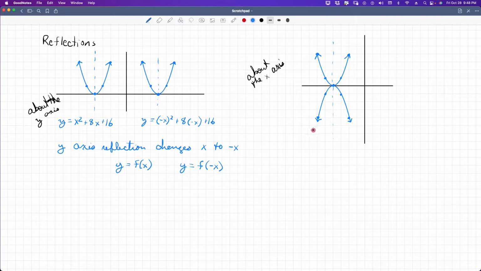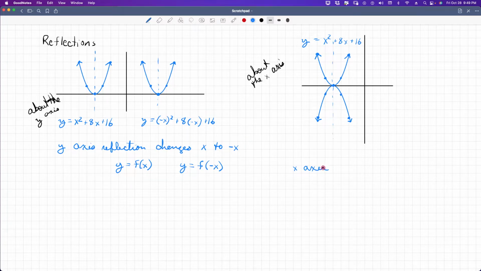And what's interesting now with our reflection, what changes is the y. So again, we have y is equal to x squared plus 8x plus 16. So when we have x-axis reflections, and this is actually, I'm sorry, this is this right here.